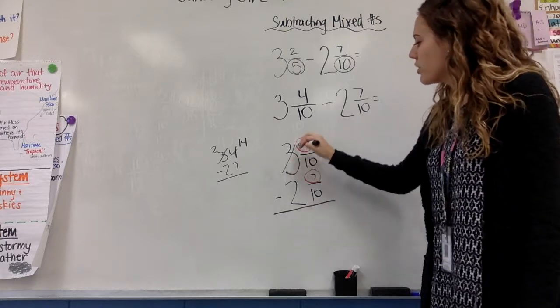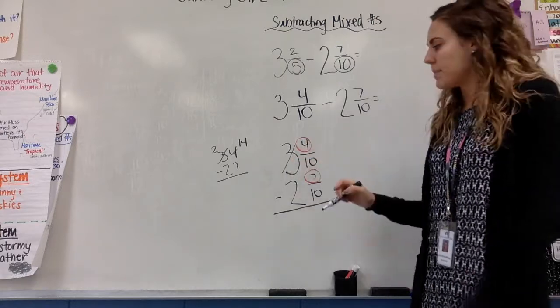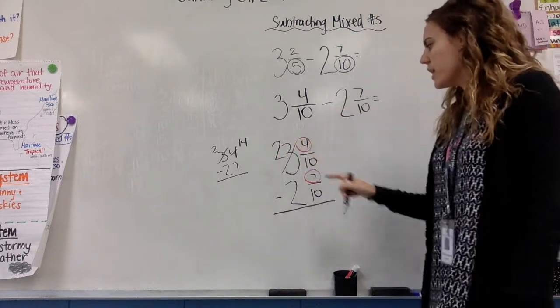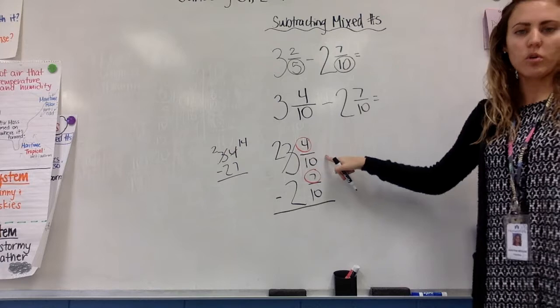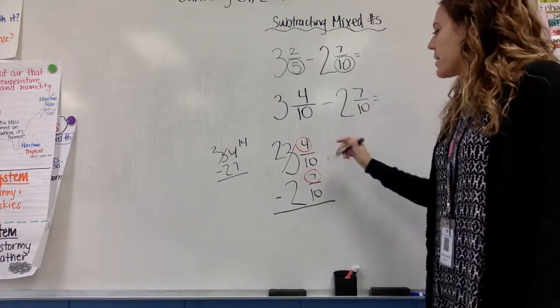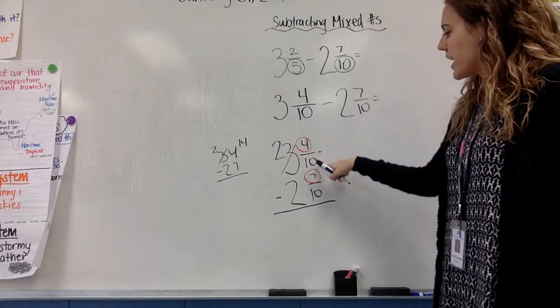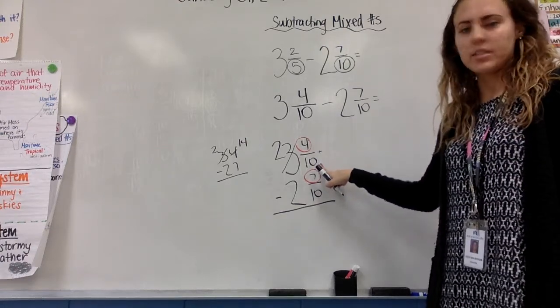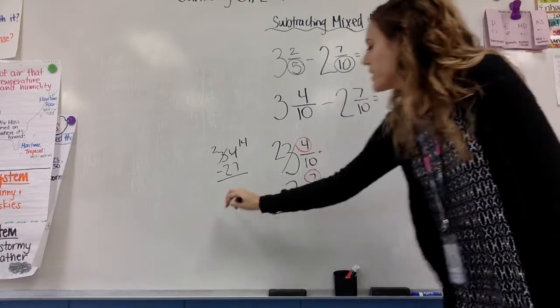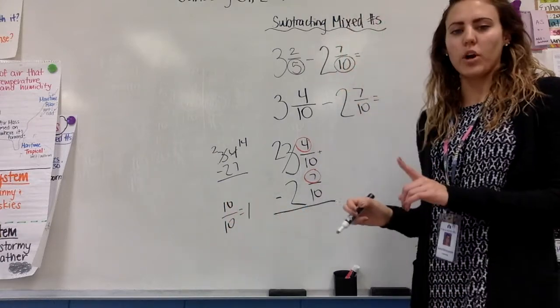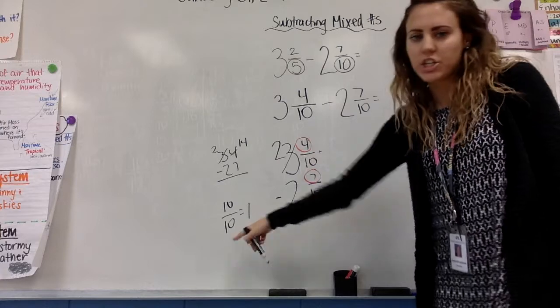So I'm going to borrow from my 3 and take a whole away. So this is going to become 2, and I'm going to add that whole over here to my fraction. But instead of adding 1, I'm looking at my fraction and it's in tenths. So I'm going to add 10 over 10 because that equals 1 whole, but I want it in fraction form.